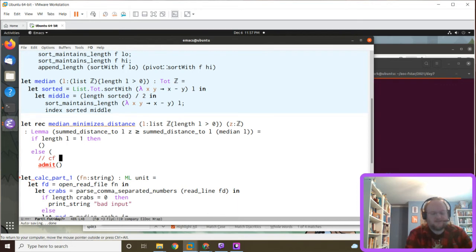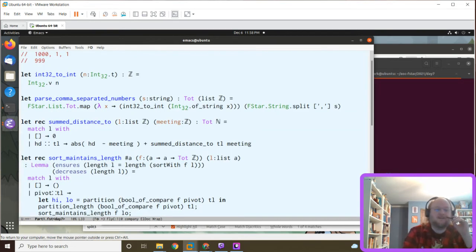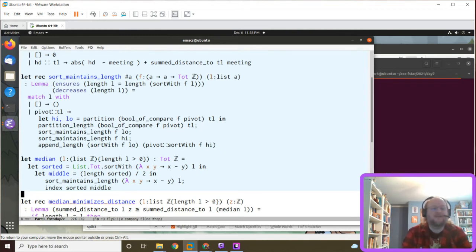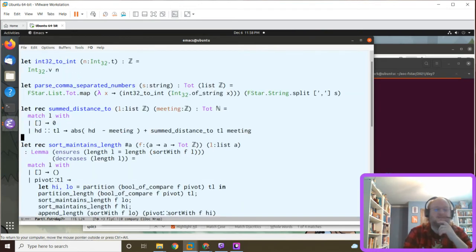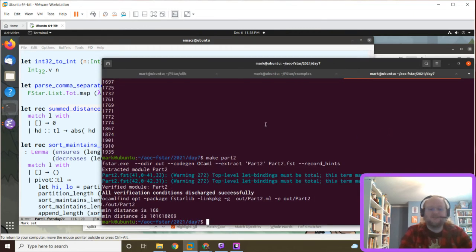That's not a bad idea, actually. All right, let's prove that sorting maintains. Let's prove that this function is invariant to the sort.